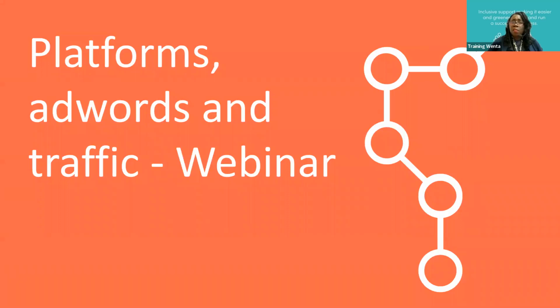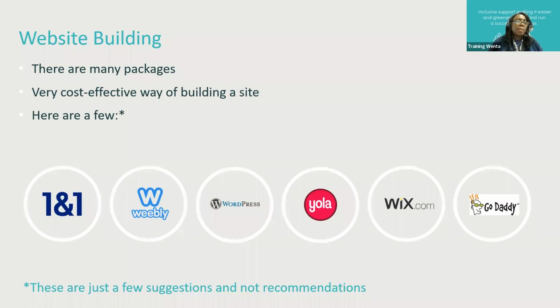So let's have a look at the platform AdWords and the traffic for webinars. When we look at different types of websites, you can have a website built by the people at 1&1 or Weebly or WordPress. There's Wix, there's GoDaddy, there's Yola.